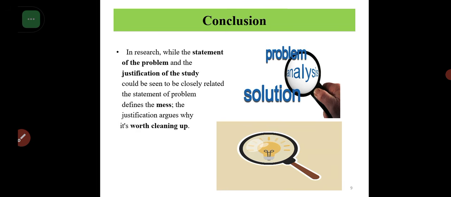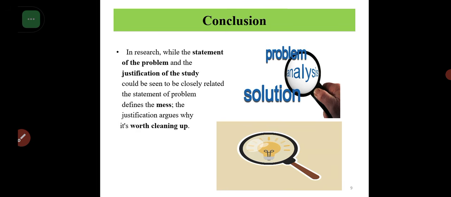If you have 5 problems you have identified, ensure that you have 5 justifications. It should flow in that way. It demonstrates consistency. It shows that you know what you really want to do in research.